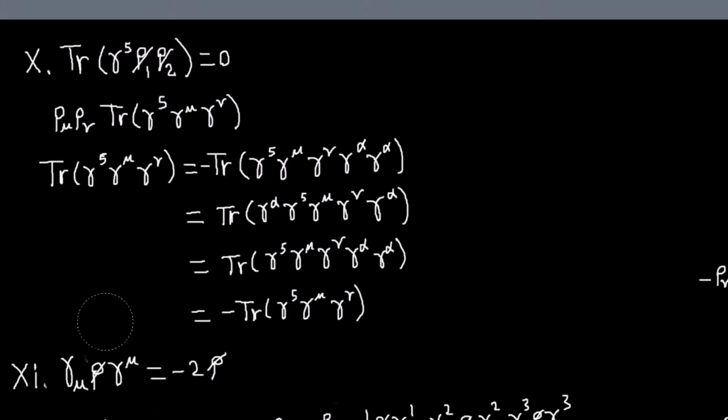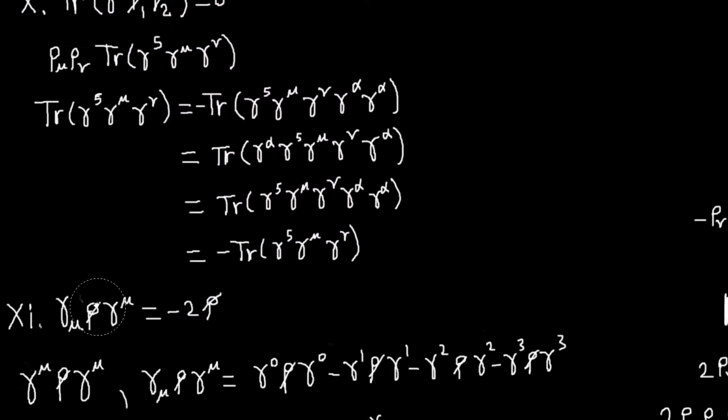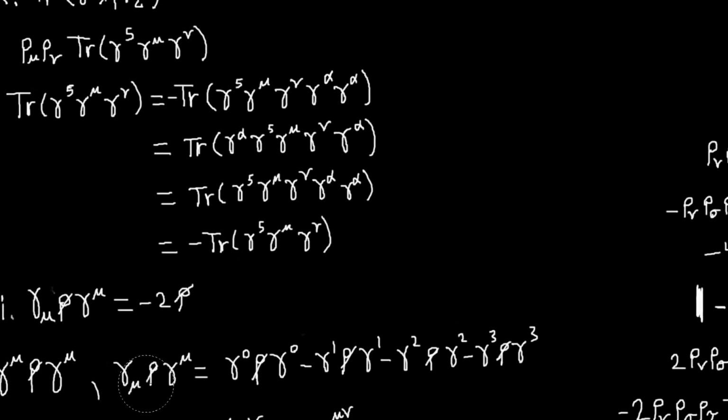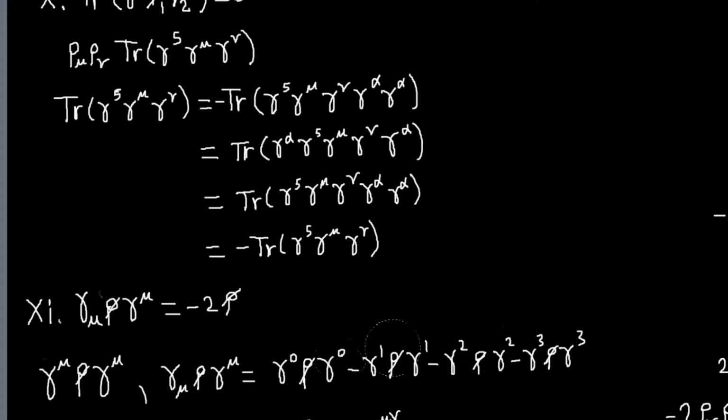In this notation, what he really means, rather than this thing, which would be like gamma 0 times p slash times gamma 0, or gamma 1, whatever, is that you should be summing over this index. So you do a 4-vector contraction kind of thing.